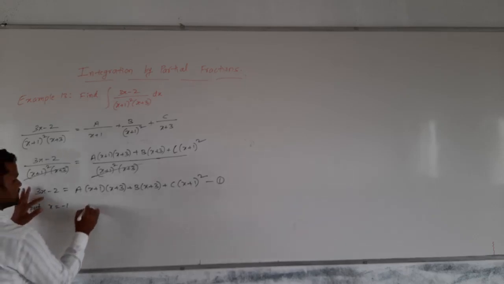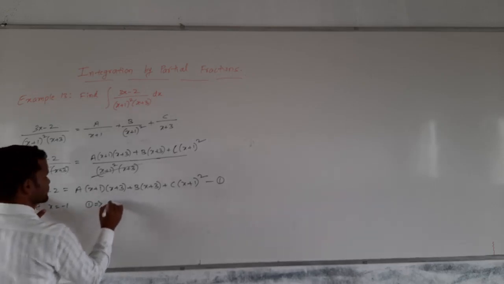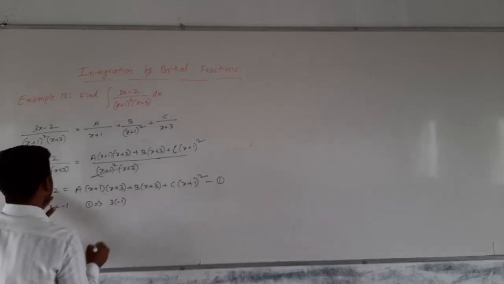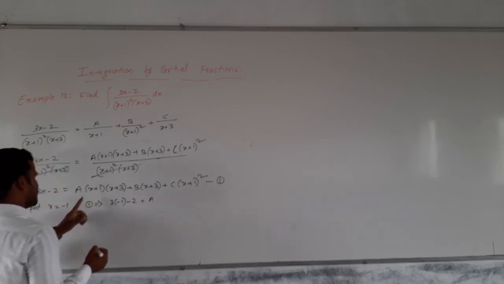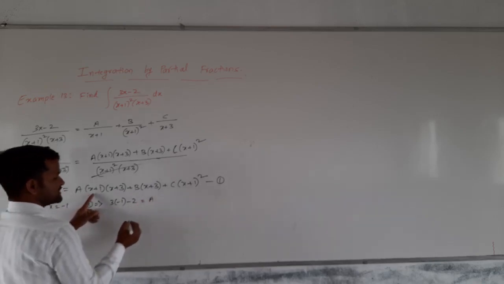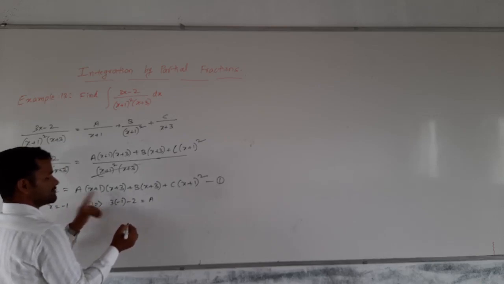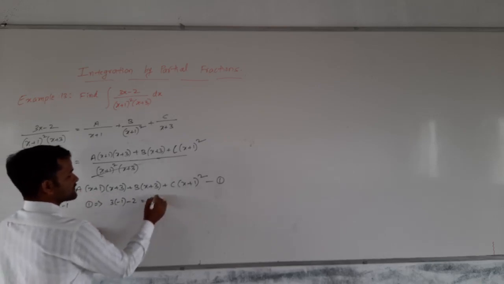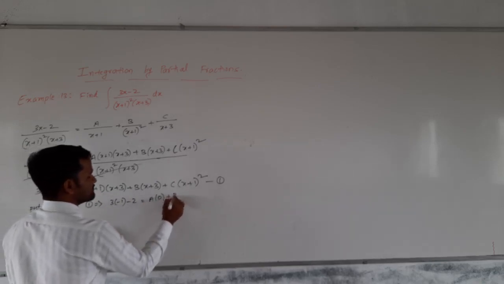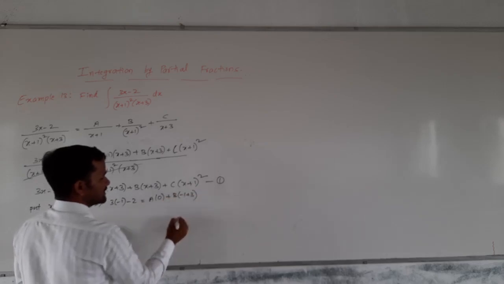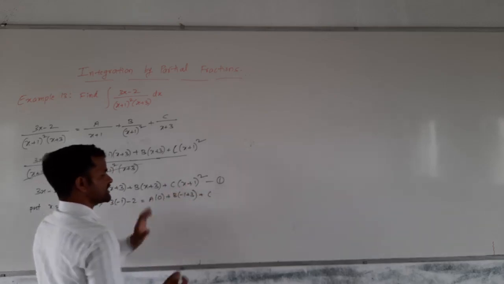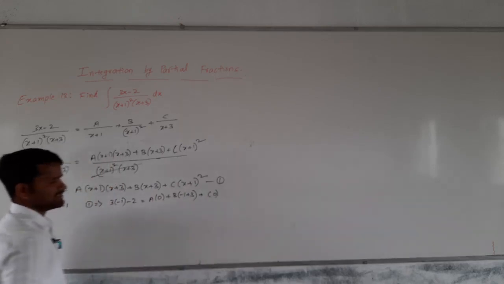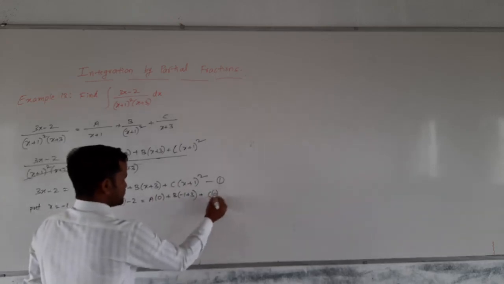Now equation 1 implies 3 into (−1) − 2 is equal to a into (−1 + 1), that becomes 0, a into 0, plus b into (−1 + 3) plus c into (−1 + 1)² means it is 0, c into 0.